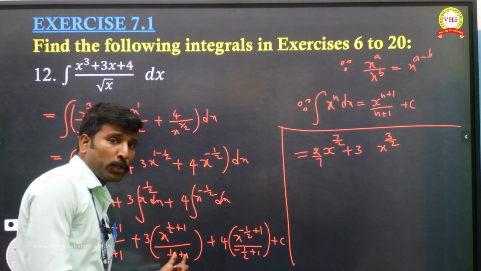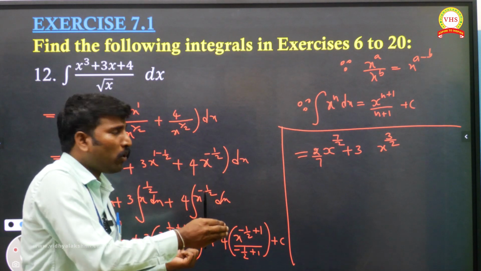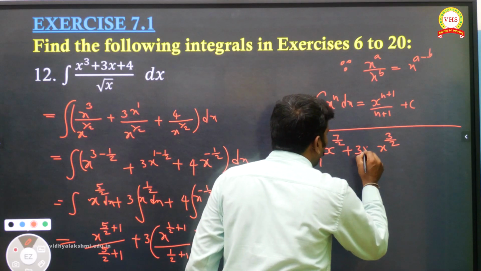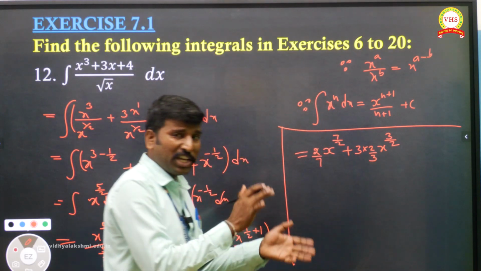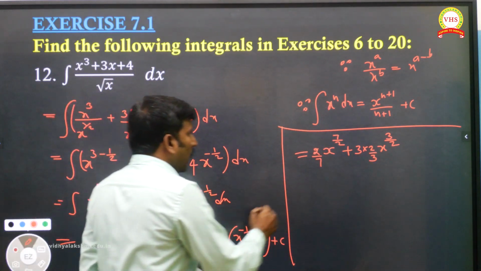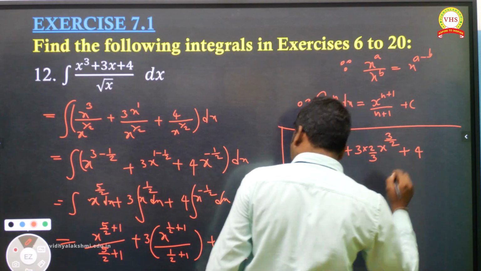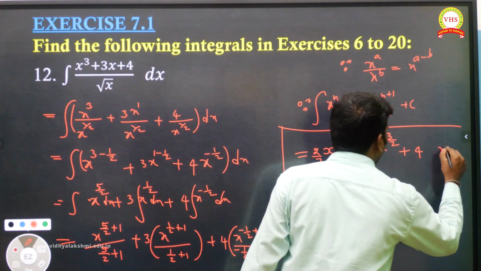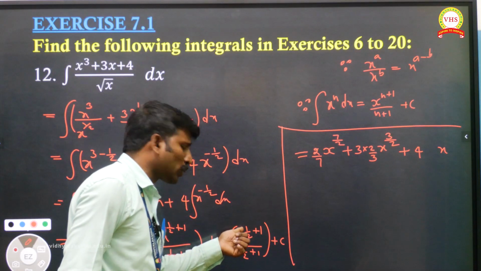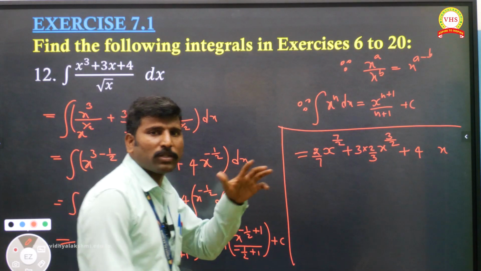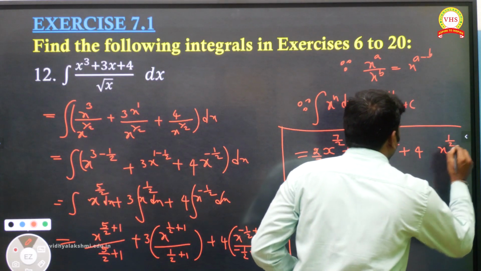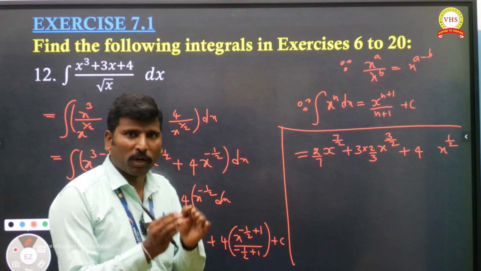Denominator also 3 by 2. When you bring it to the numerator, 3 by 2 will become 2 by 3, the reciprocal. And 4 is there. And x power minus 1 by 2 plus 1 means we have to subtract, so the power 1 by 2 you will get, and the denominator also 1 by 2.